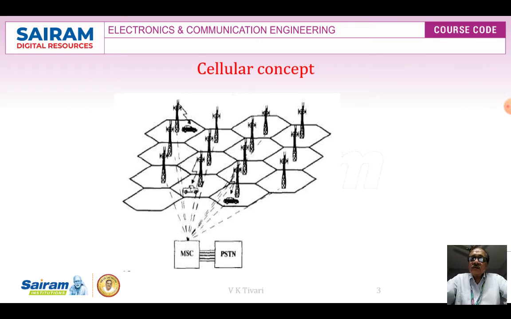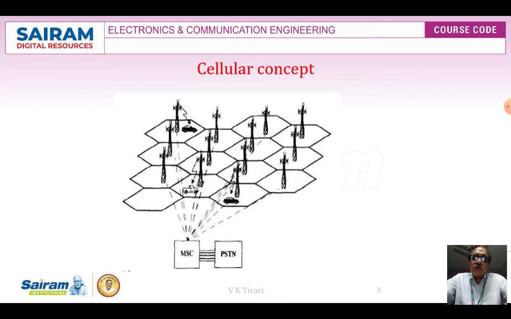In AMPS, which was 1G mobile technology, it was directly connected to the MTSO, that was the office only. But in 2G and 2.5G, the MTSO has become the MSC, the mobile switching center.